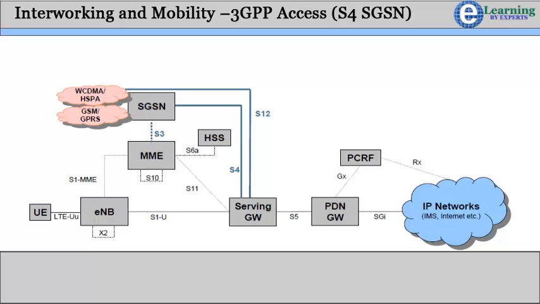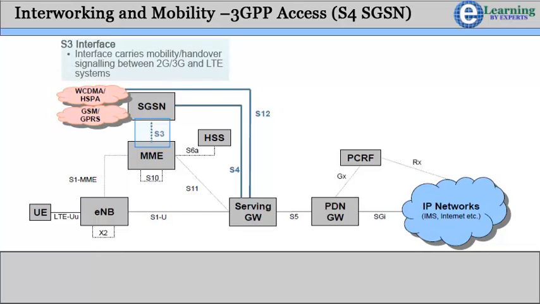The architecture for interworking with 2G and 3G GPRS UMTS networks is shown in the figure. Two new interfaces, S3 and S4, are added. S3 is the reference point between the SGSN and the MME. The interface carries mobility and handover signaling between 2G/3G and LTE systems.